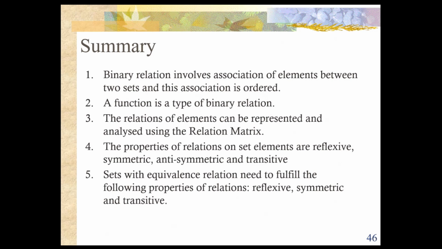Symmetry is checking the segments on opposite ends of the diagonal line to see whether they are similar, balanced or not. Antisymmetry is whereby we need to be sure that for all the ordered pairs, the relationship only occurs in one direction, so there's no counterpart on the other side.